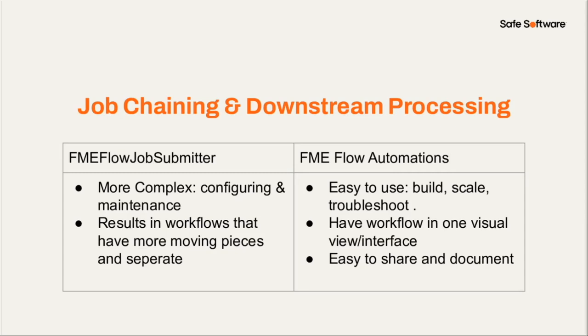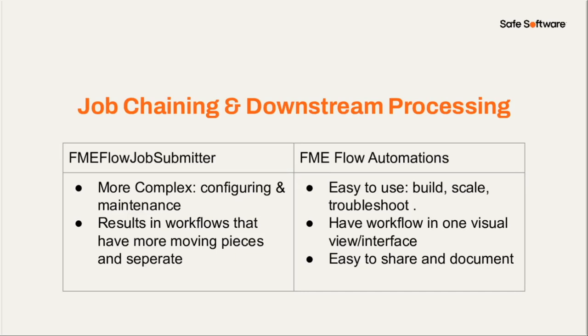So keeping it visual on the web UI, instead of having to download the workspace and view what is set up for that transformer, the FME Flow job submitter, will save you a lot of time. It's easy to understand what's happening in that workflow that maybe another user or author has configured in automations.